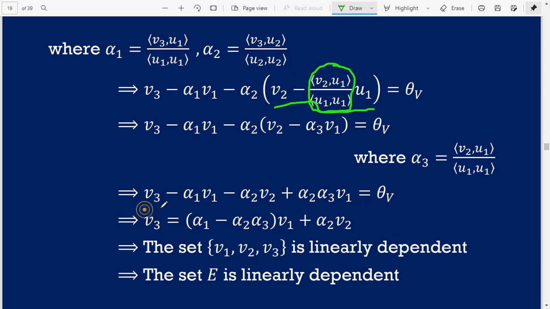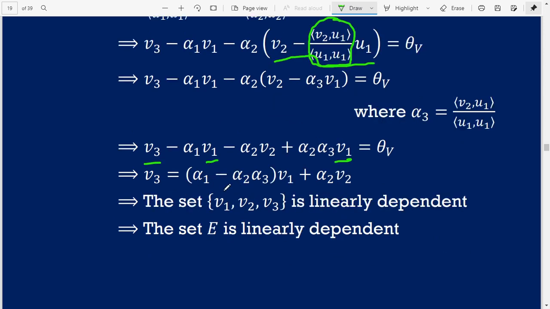So V3 is equal to, with V1 common, alpha 1 minus alpha 2 alpha 3 into V1, plus alpha 2 V2.